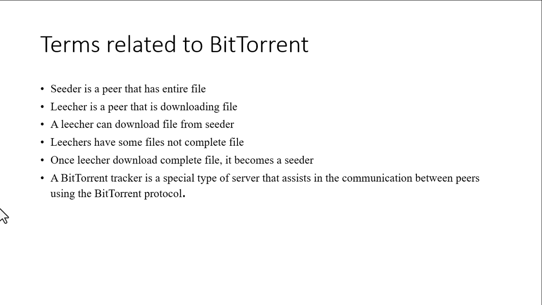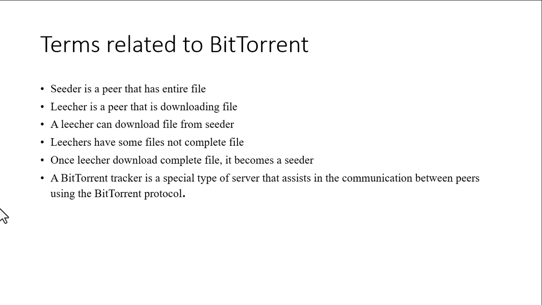A leecher can download a file from a seeder. A leecher has some of the file, but not the complete file. Once the leecher downloads the complete file, he becomes a seeder. So the leecher is converted to a seeder once the file is downloaded, which means he can later share it.